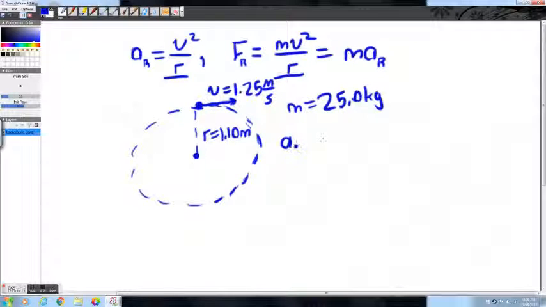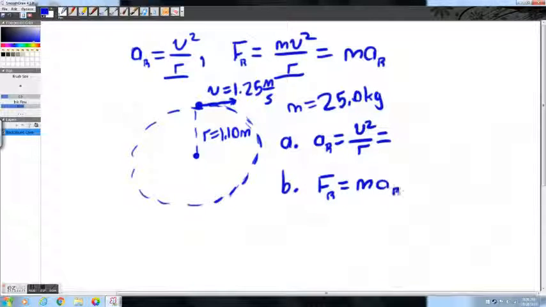The first part asks us to find the centripetal acceleration, which we know will be v squared over r. The second part asks us to find the centripetal force, which is mv squared over r. So we would just plug these numbers in.